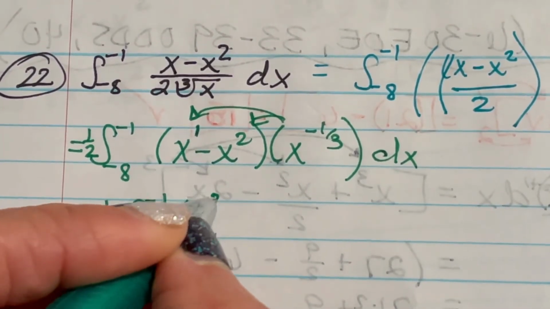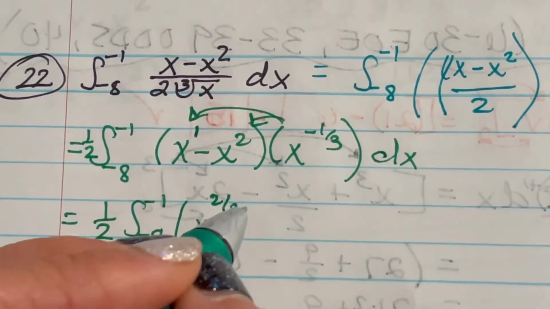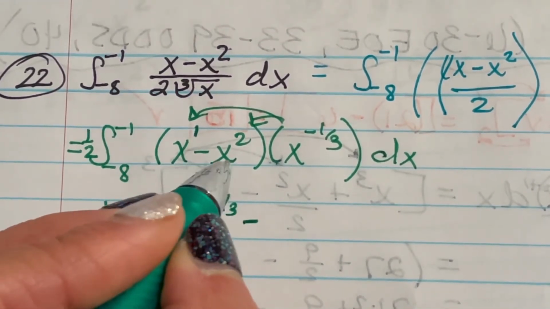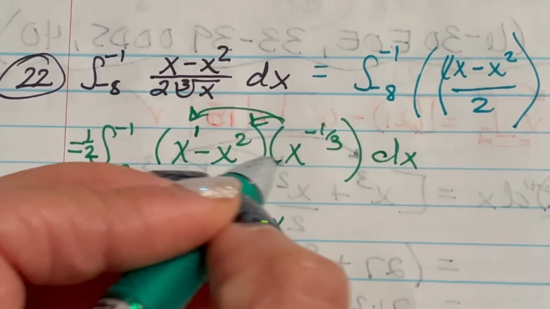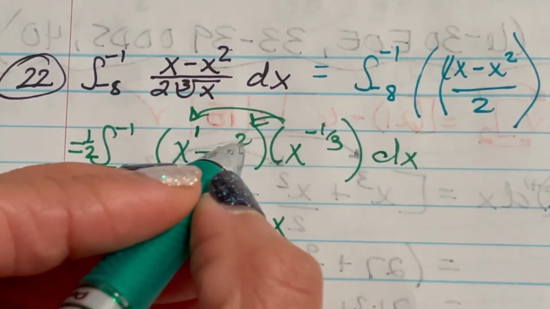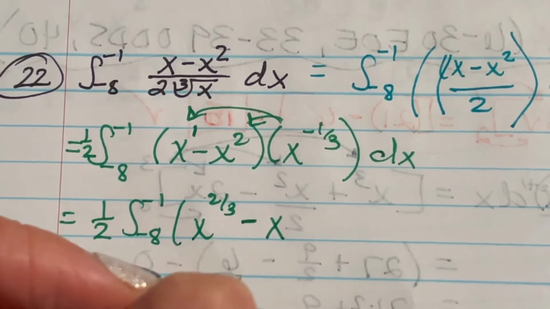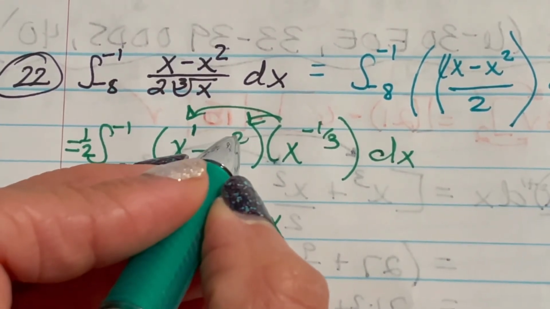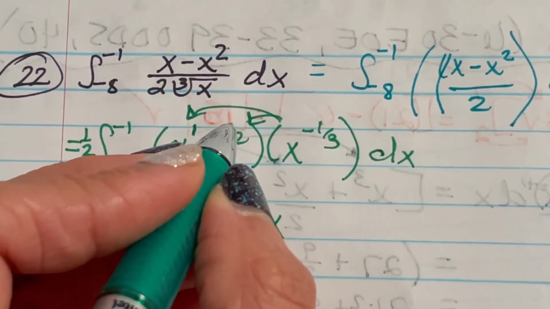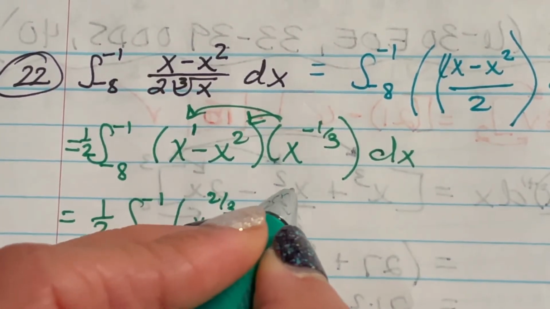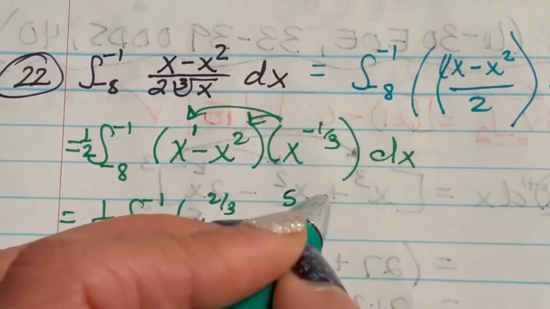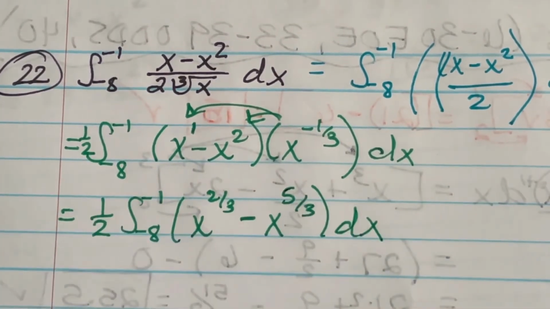So it'll be x to the 2/3 power, minus, because it's negative. Power to power, or like bases being multiplied, you add the exponents. So 2 minus 1/3. Well, I can write this as 6 over 3, because 6 divided by 3 is 2. So 6 over 3 minus 1 over 3 is 5 over 3 dx.